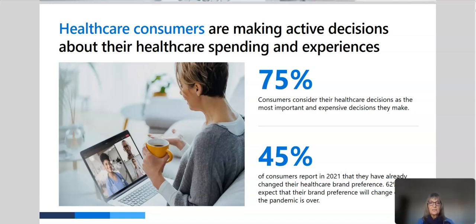So the story is, let's see, what could it be? The healthcare world is in a state of upheaval as a result of COVID. There's a number of different things, like the top 3 issues, because COVID has had such an impact on healthcare.